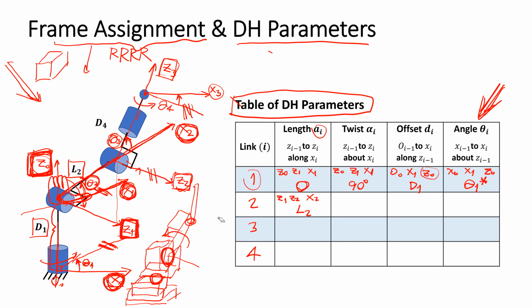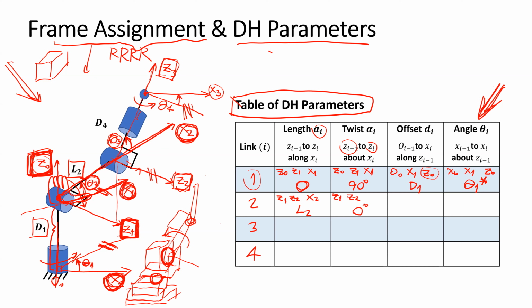The twist is the angle difference between the angle of C1 and C2. C1 and C2 have the same direction, so the twist is 0 degrees. How about the offset?